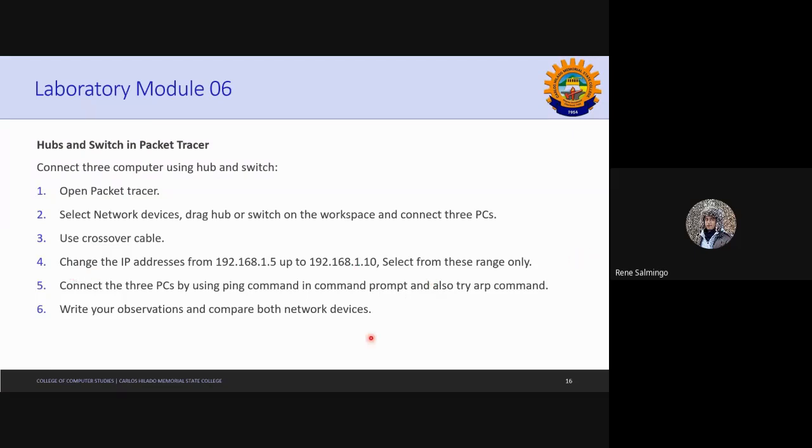So okay, let's try to do another example. But this is only the requirement: you have either a hub or a switch that you're going to connect three computers. Okay.